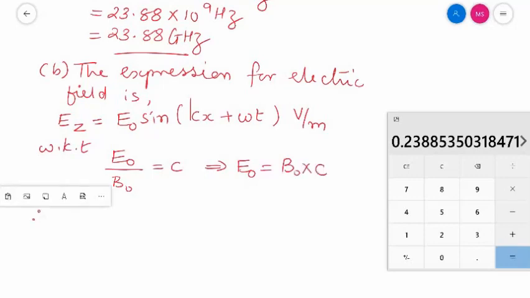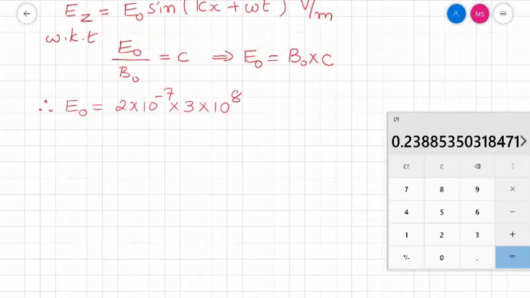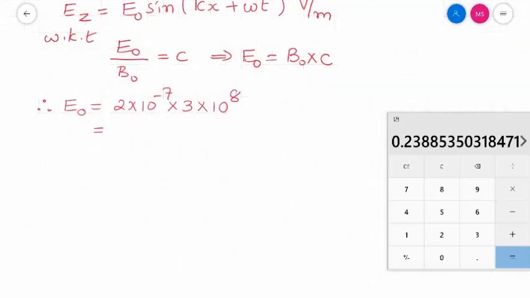So E naught will be equal to 2 into 10 raised to minus 7 into the speed of light, 3 into 10 raised to 8. So this will be equal to 60 volt per meter.